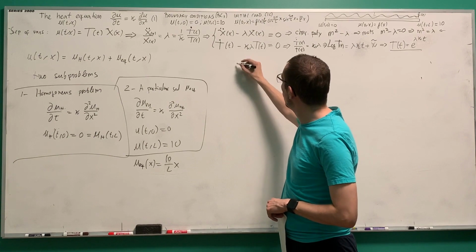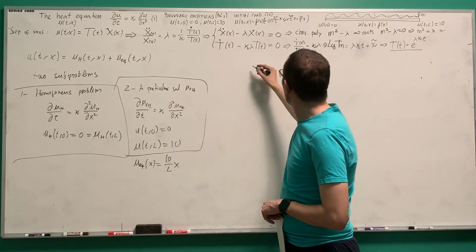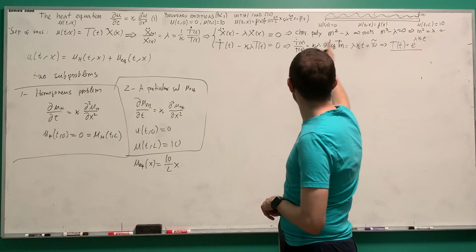All right, so for the U homogeneous, which is this problem here, we know that we have several cases in the separation of variables.